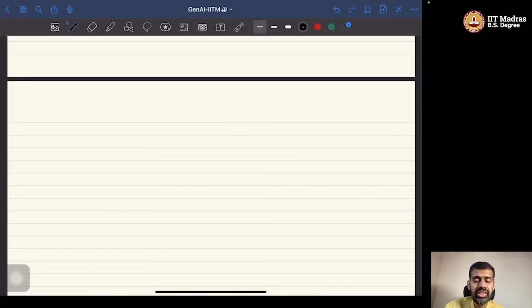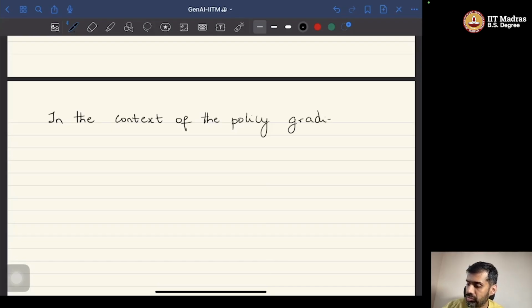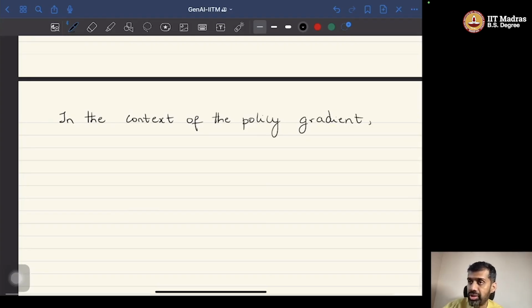Now the next question is how to use this idea of importance sampling in the policy gradient theorem. Let us look at that. In the context of the policy gradient theorem, we have the gradient of the objective that we want to optimize.